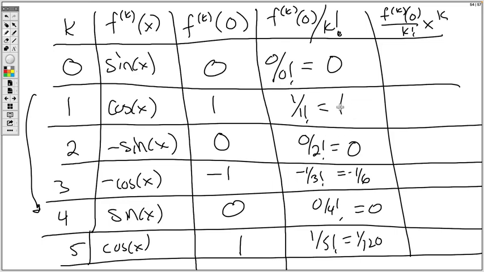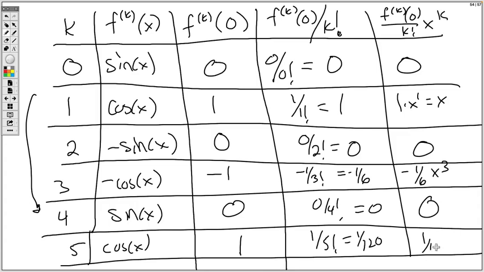Now notice there's no cancellation happening here with these things. They are what they are. And now I just multiply by the power of x. Well, 0 times anything is what? 0. 1 times x to the first is just x. 0 times x squared is 0. Then minus 1/6 x to the third. What's 0 times x to the fourth?